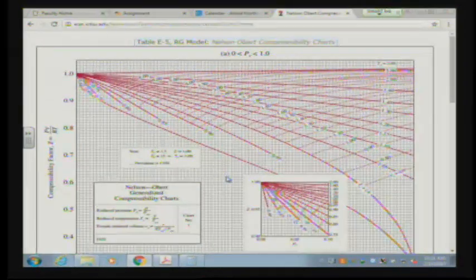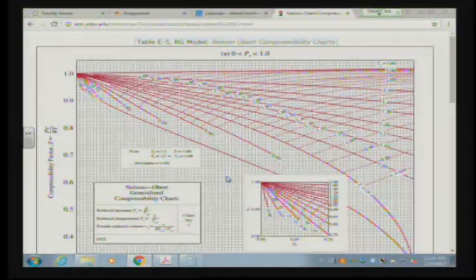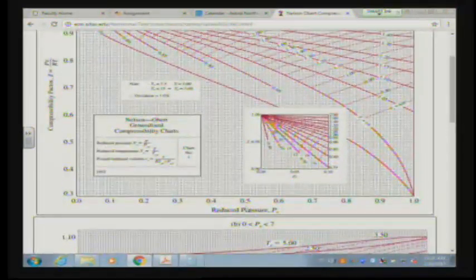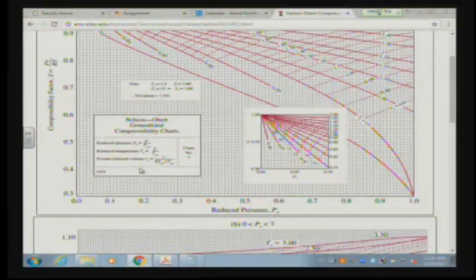Oh, that looks much better. All right. So this is from SDSU, South Dakota State University. Basically they all follow the same shape. But what you will see is that on the vertical axis, you read compressibility factor. And on the horizontal axis, you read reduced pressure, which is that ratio of pressure to critical pressure.